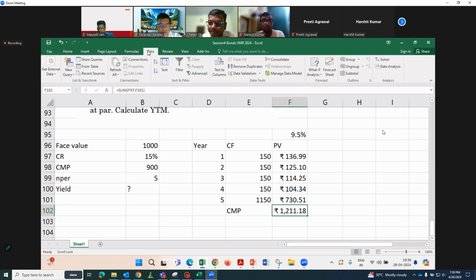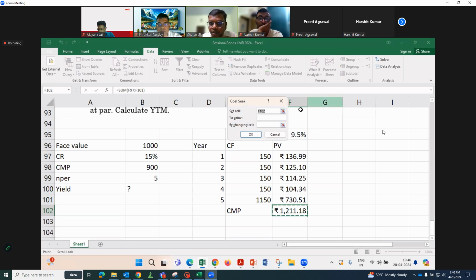Go to Data. Keep your cursor on the 1211.18 cell. Go to What-If Analysis, click on Goal Seek. It is F102 in my case. This cell is automatically highlighted. Come to the next. We have to set this value to what? 900.